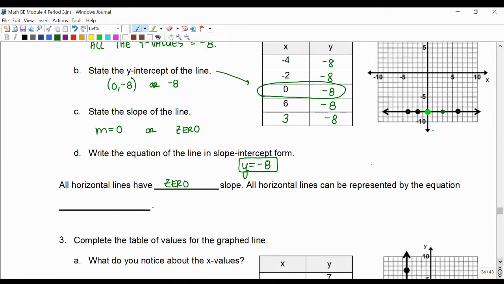All horizontal lines can be represented by the equation y equals a number. Horizontal lines look like this. I want to sketch that again. So there's our first rule that we're going to use in this lesson as it relates to horizontal lines.